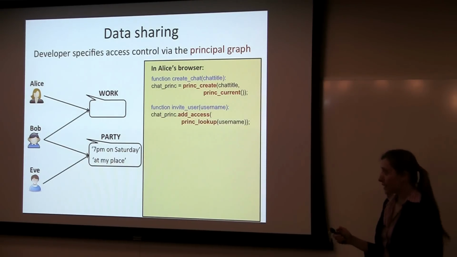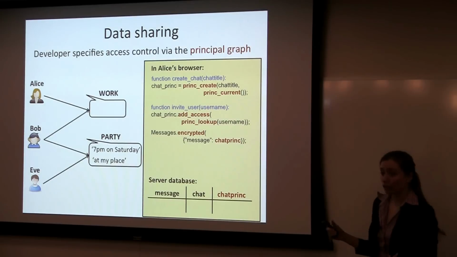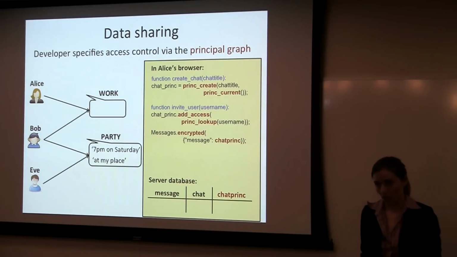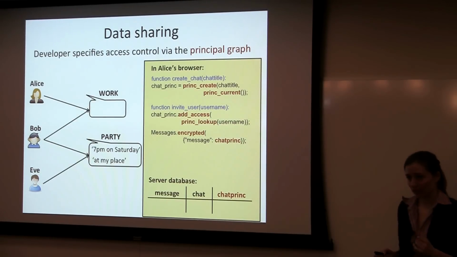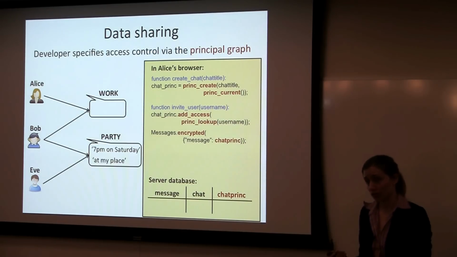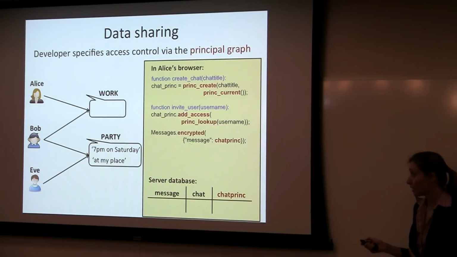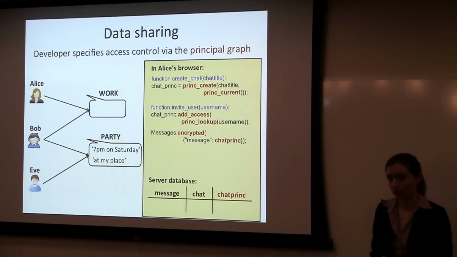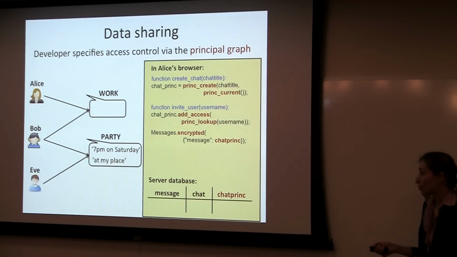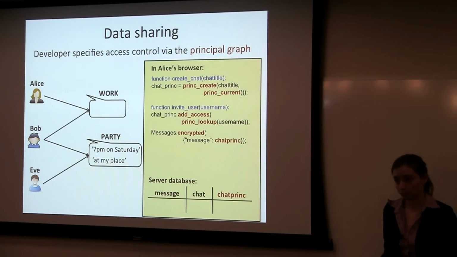Okay. Now the developer has annotated in Mylar that the messages are encrypted. Concretely, he does that by inserting a column in the database with a principal identifier and specifying that the message should be encrypted for that principal. In particular, the messages in a chat room should be encrypted for the chat principal.